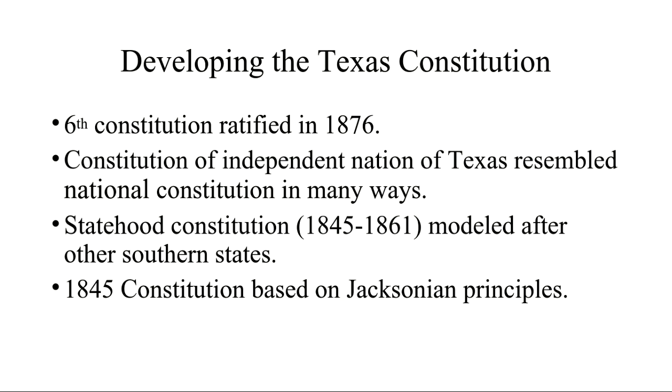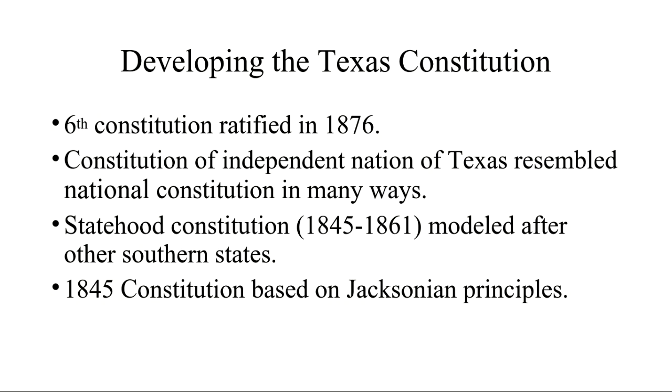So it was a lot easier to simply adopt the national constitution, but add our own elements. We did have a president of Texas. We did have a Congress. But the Constitution also said slavery will be legal in Texas. So it varied a little bit from the national Constitution, but it did contain a lot of the elements of the federal Constitution.